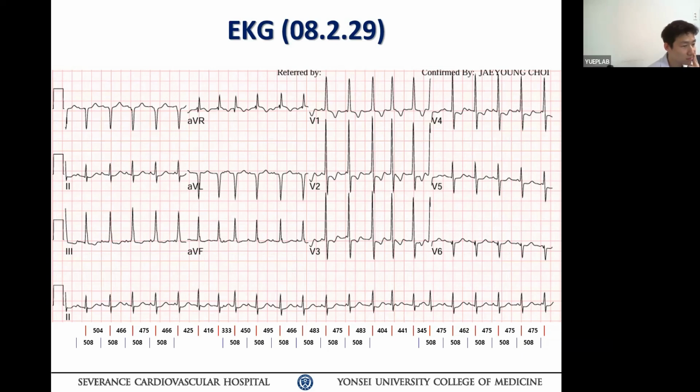In terms of AT versus JT, if I look at lead 3, the QRS amplitude is quite different. If it is AT, I think they would be very similar to each other, but I think they are different. So I think it is JT, and maybe the focus is so different, so the amplitude is so different, I guess. So this is the reason why this patient has AV dissociation, I guess.